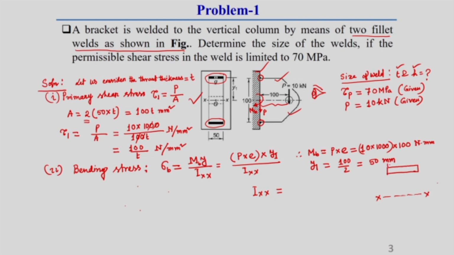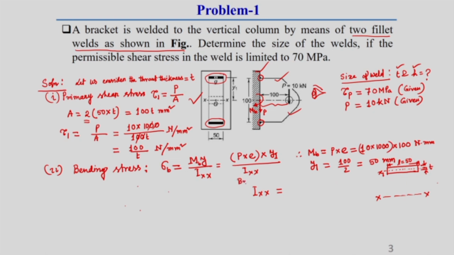This weld has a length L equal to 50 millimeter, which is given, and the thickness T is also given. About its own axis of this weld, let me represent it as the x1 axis. So, here we will use the parallel axis theorem.